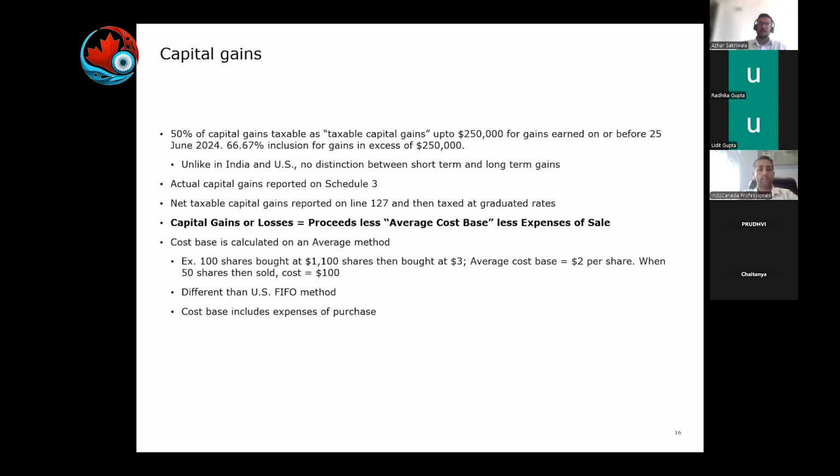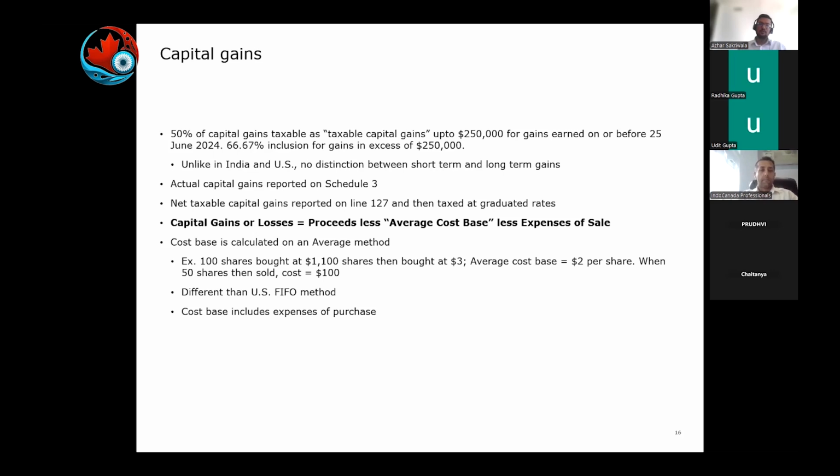However, there has been a change in the income inclusion rate after 25th of June. Previously, for any gains that you earned before 25th of June 2024, you were subject to 50% inclusion. That is, only 50% of the gains was taxable. But after 25th of June, 66.67%, that is two-thirds of your gain, is taxable for individuals, provided the gains are in excess of $250,000.